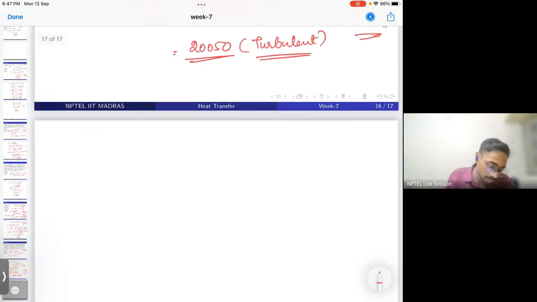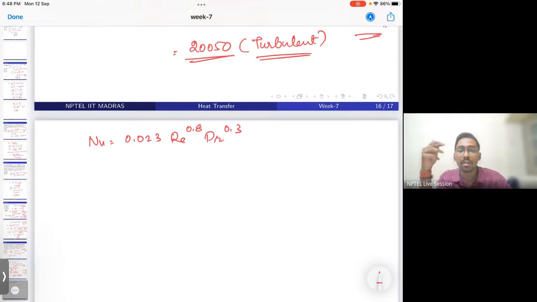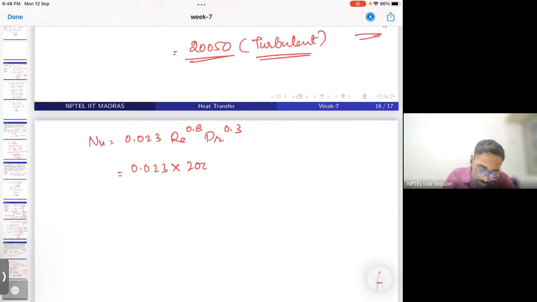So Nu is equal to 0.023 Reynolds number raised to 0.8, Prandtl number raised to 0.3 here, because it is 0.4 for heating and 0.3 for cooling. 0.023 into Reynolds number raised to 0.8 into 0.698 raised to 0.3. So the Nusselt number will come out to be 56.4.